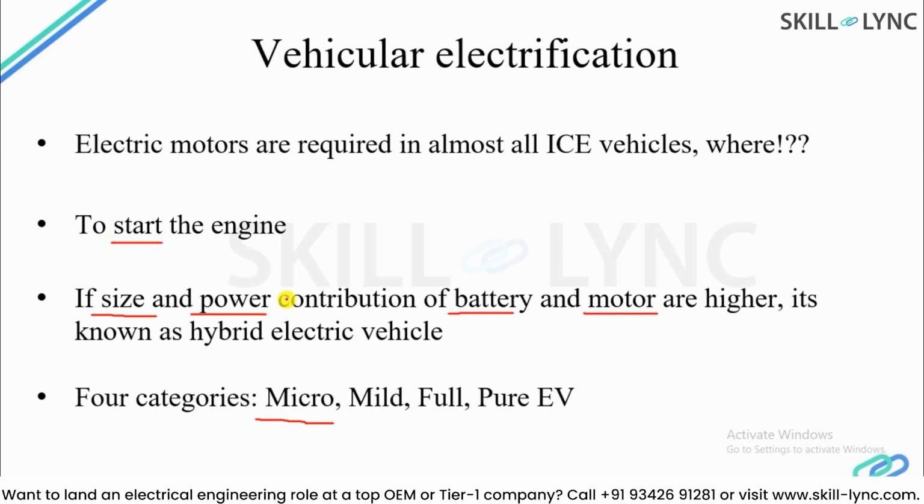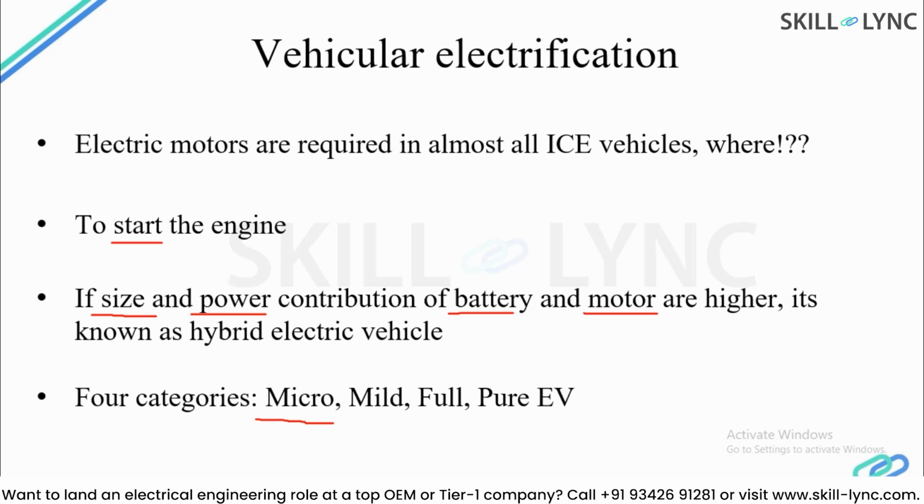So vehicular electrification is a very important thing in order to understand what a pure electric vehicle is. Based on the size and power of the electric system, that will define the category of a vehicle, which is mild, full, or pure electric vehicle. So let us learn about what these four categories are and how they are classified.